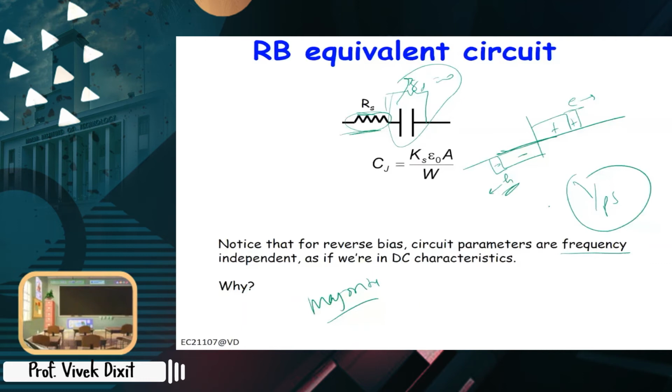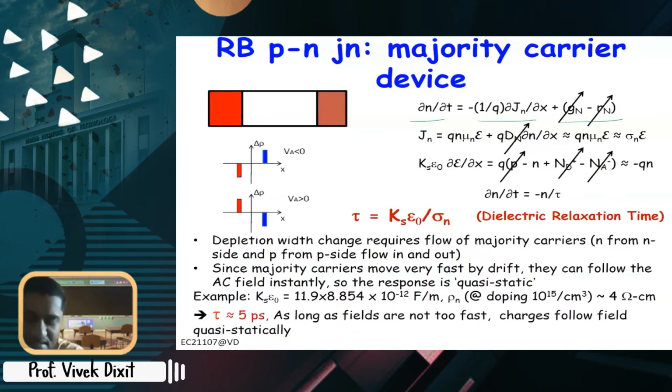Is it okay? And if you want to estimate this typical response time, you can do that by solving the continuity equation. For example, a sample is shown here. Let's say you consider the n side. So dn/dt is dJ/dx plus generation-recombination, and if we neglect it, it is only the drift term.